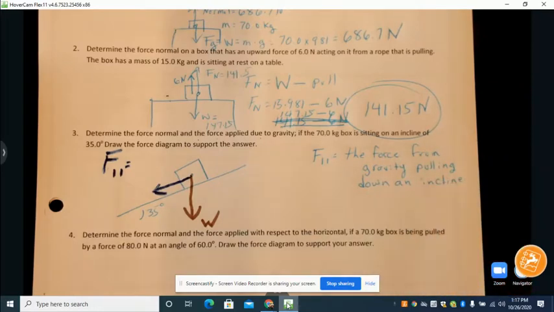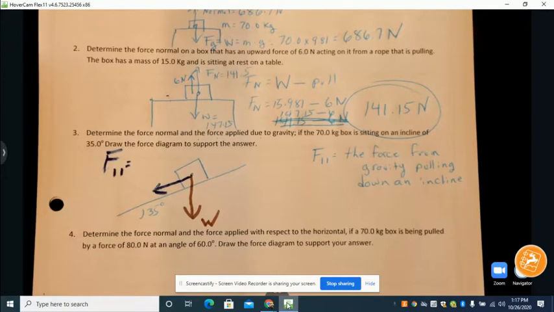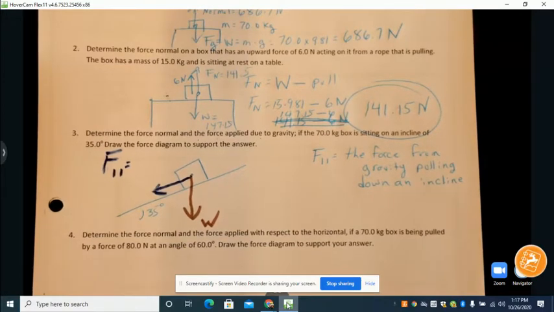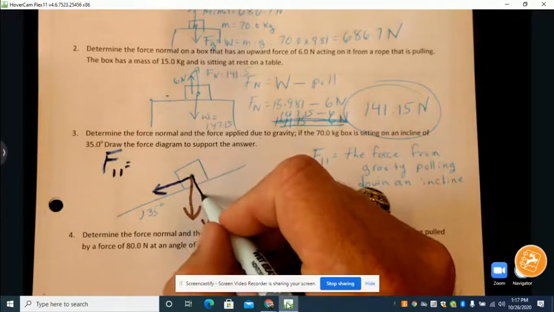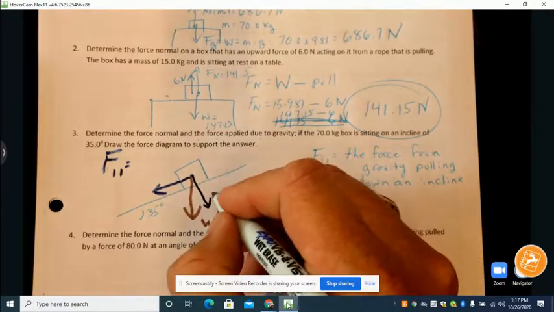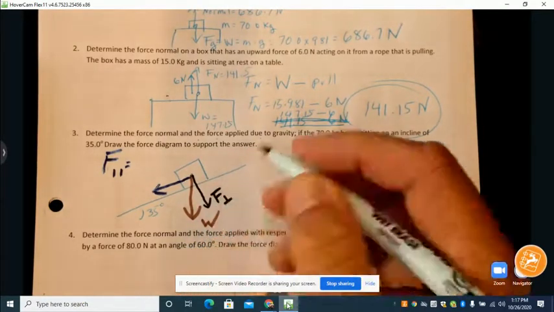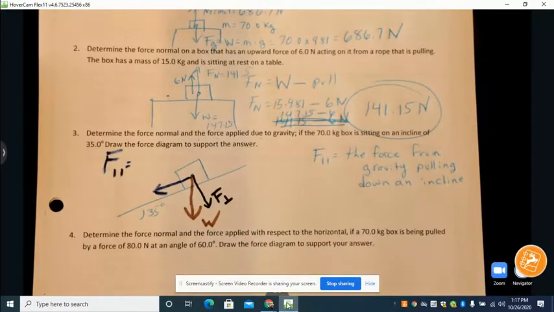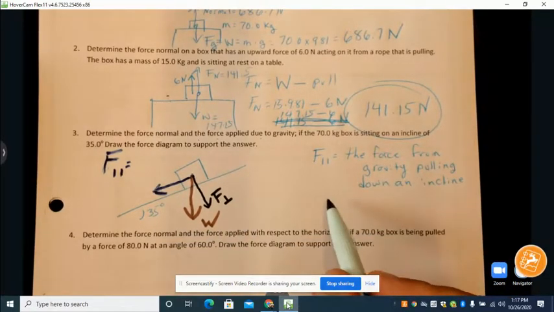Okay? Now there's another force from gravity. What's that other force from gravity doing? Yeah, it's called the force perpendicular. It is a force that acts perpendicular to the surface and goes straight down. And we draw that little T like that for perpendicular. So we can come over here and write a note.